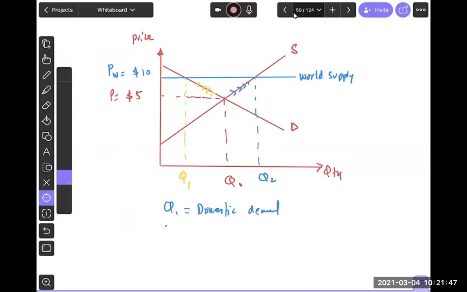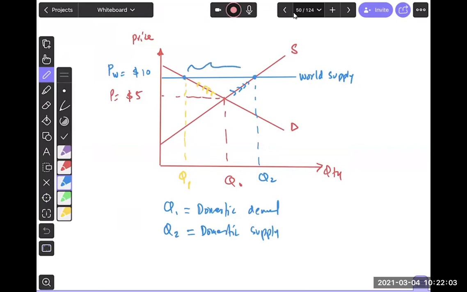Why? Because the world price is $10. So domestic supply will be Q2. Therefore, what is this gap going to be, guys? What is Q2 minus Q1? It is the difference between domestic supply and domestic demand.